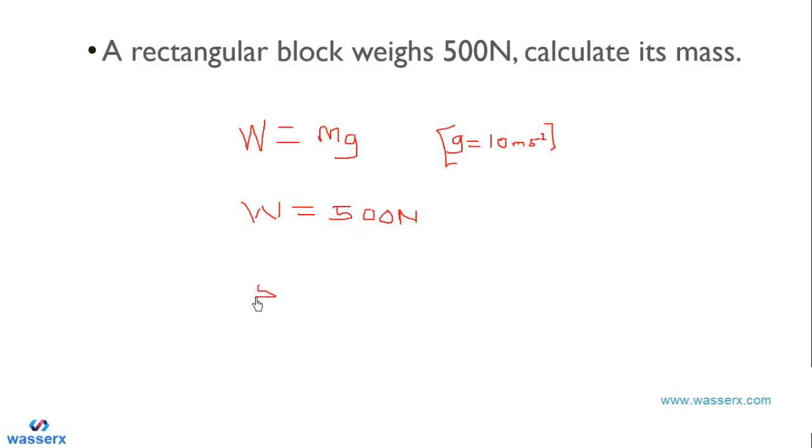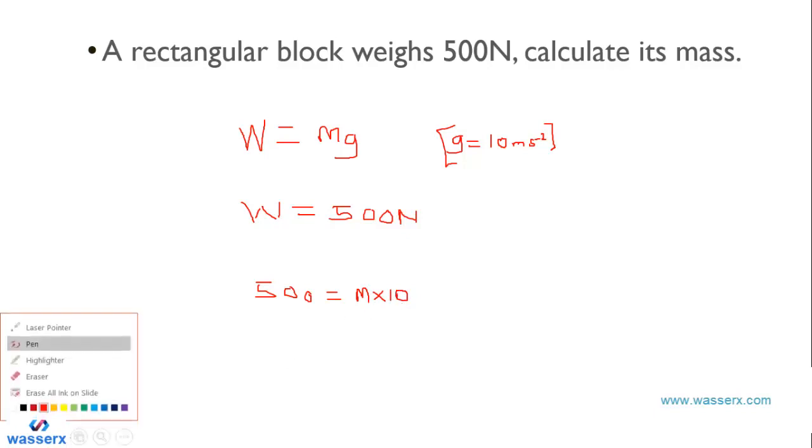So 500, which is the weight, is equal to the mass, the quantity we are looking for, times gravity due to acceleration, which is 10. So we just have to divide both sides by 10.